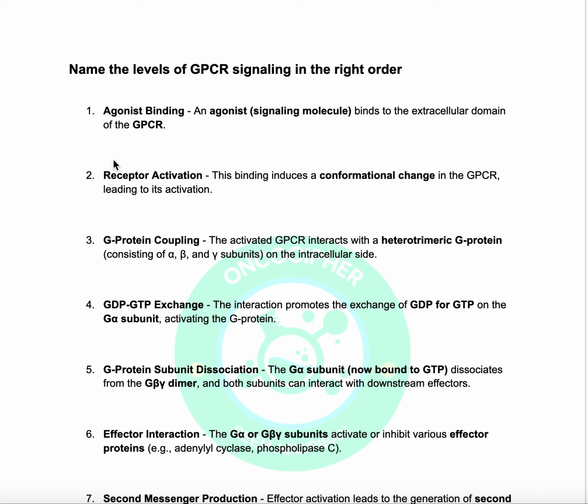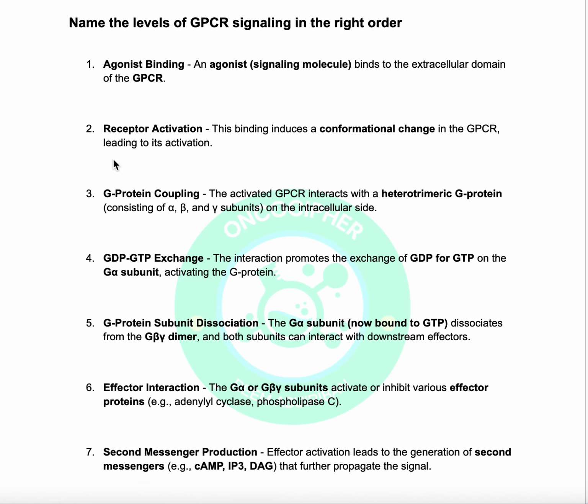Now the activation happens on the intracellular side, and that is a good point. Then GDP GTP exchange: the interaction promotes the exchange of GDP (inactive) to GTP (active) on the alpha subunit, activating the G protein.